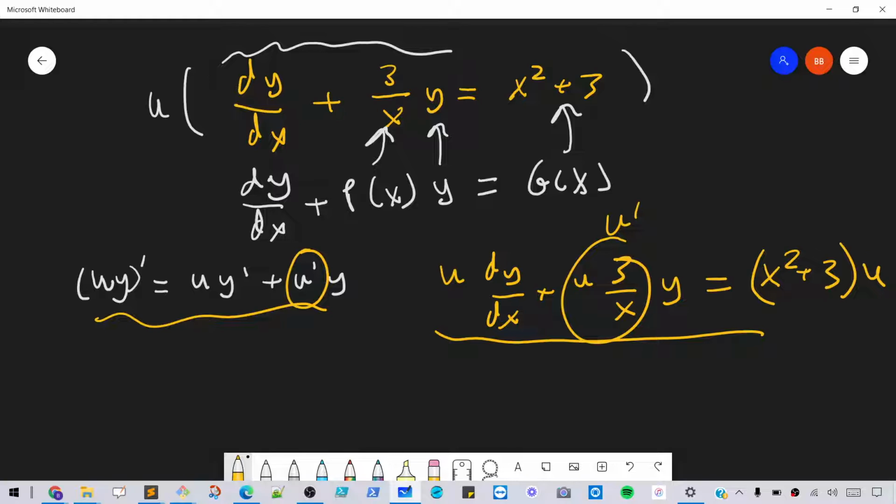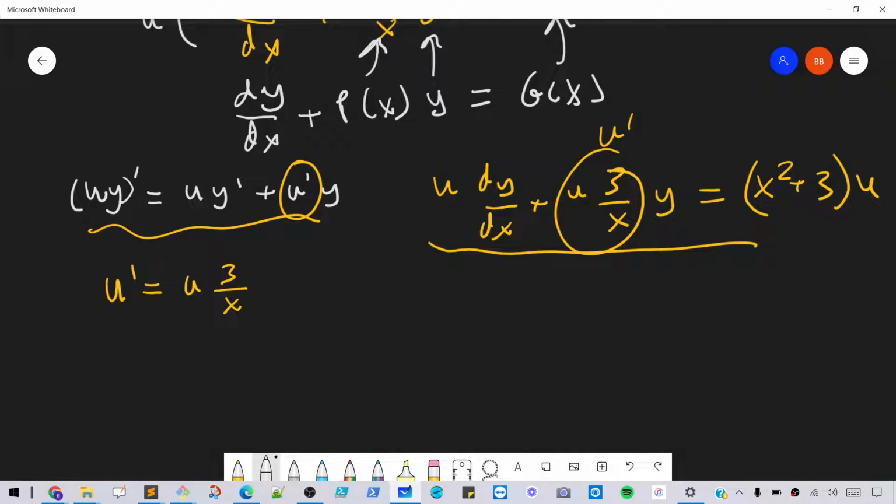Now, of course, if you're doing a lot of these, you're not going to go through this process every time, but it's good to walk through it in your brain so that you understand what's happening, that this whole thing is the product rule, and that u prime is going to equal u times 3 over x. What you can do is turn it into a separable differential equation, which I'll cover in another video.